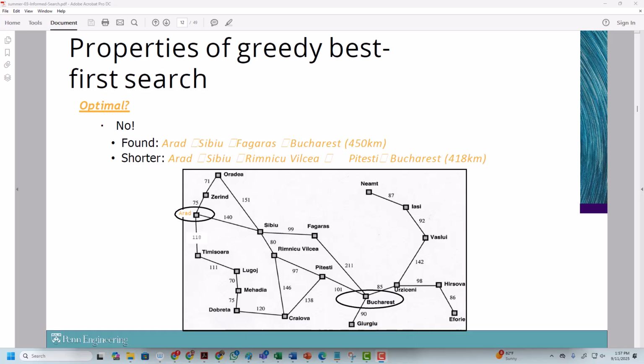But if we are considering the path from Neamt to Fagaras, and we had the straight-line distance, you will see the straight-line distance from Iasi to Neamt and Fagaras, although there is no real path. So there may be possibilities where the search will not be able to complete even if it's a finite graph.